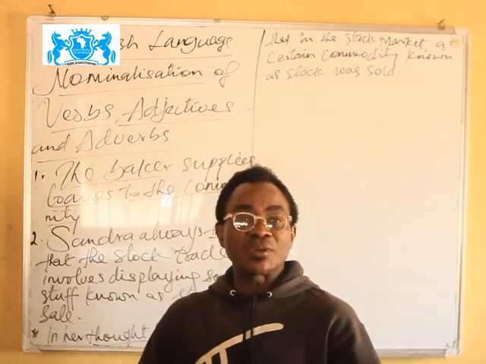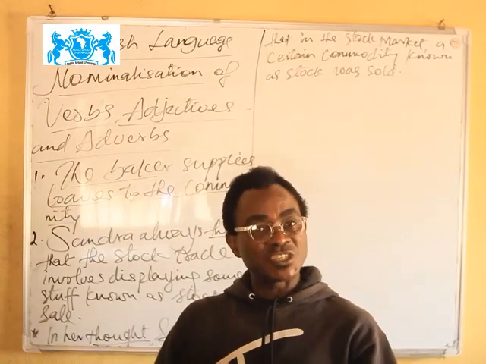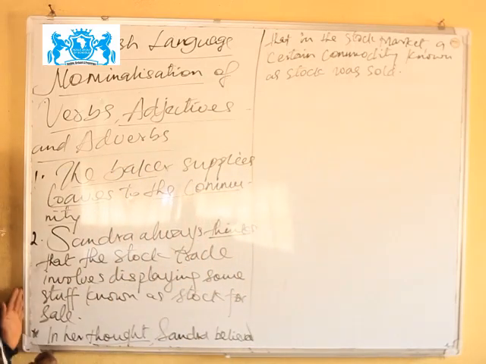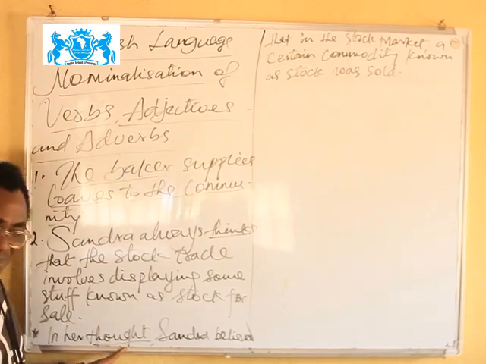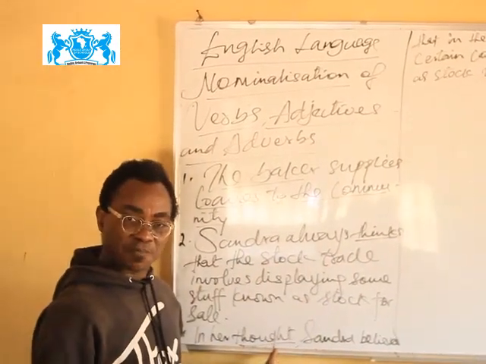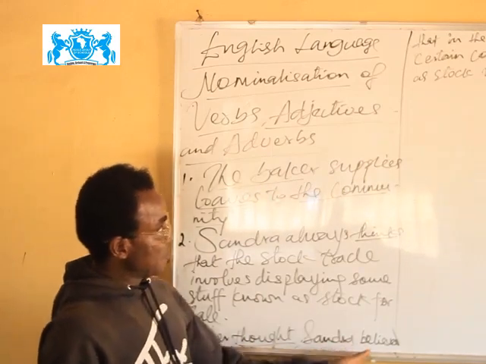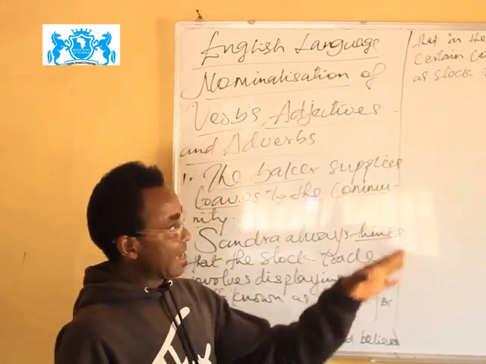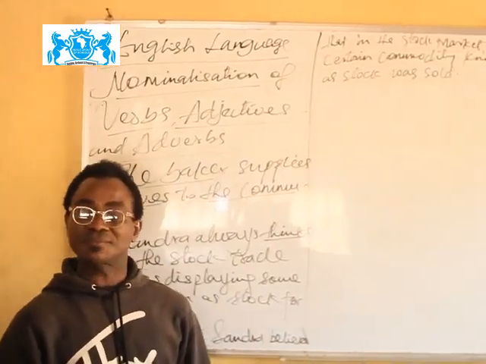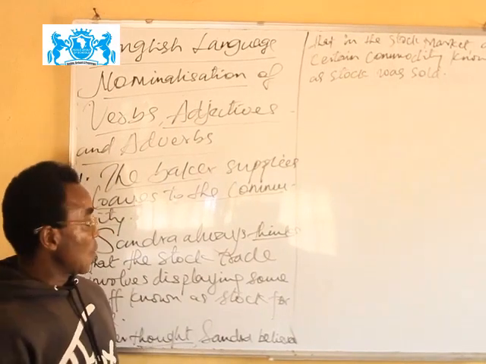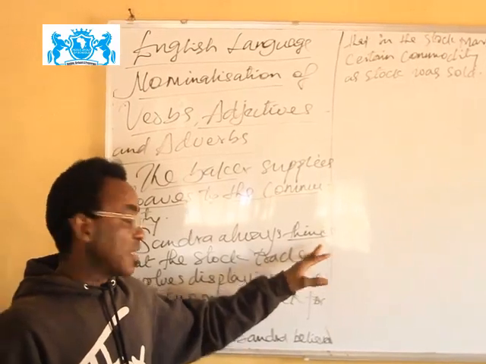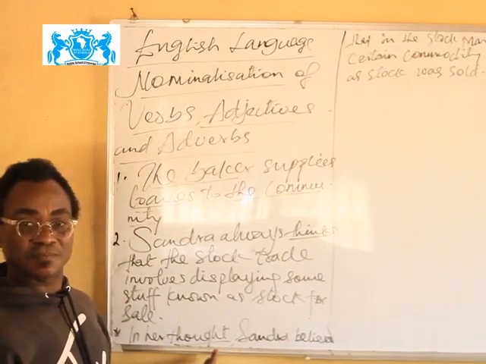That means you use the noun equivalent of such other parts of speech. So nominalizing sentence 2, we now have, in her thoughts. So the noun form of thinks is thought. In her thought, Sandra believed that in the stock market, a certain commodity known as stock was sold. So the verb thinks has been nominalized, and in this place we now have thought.